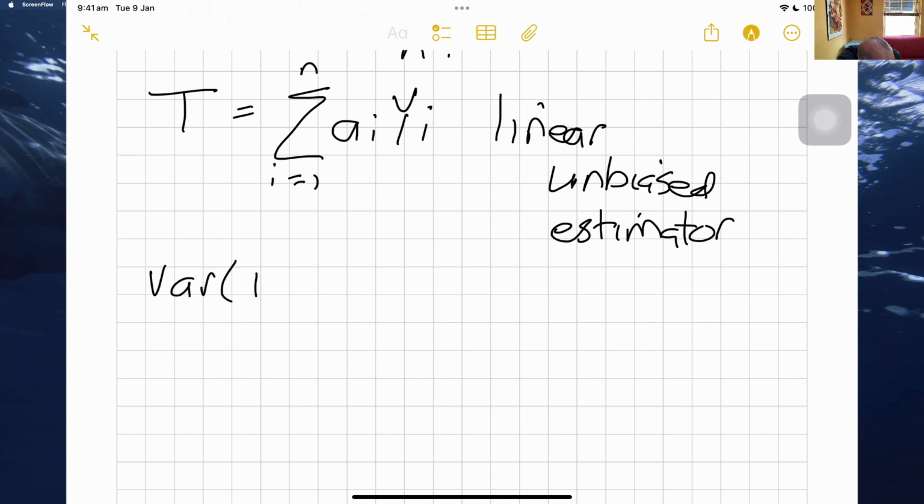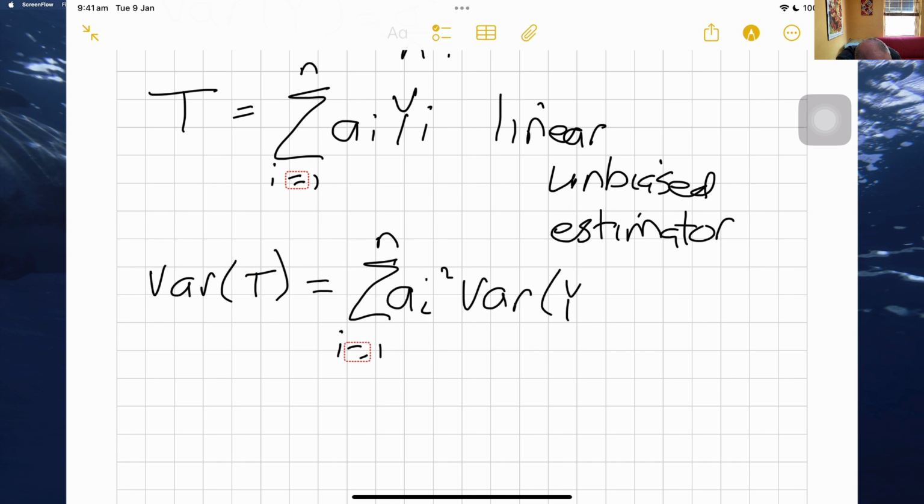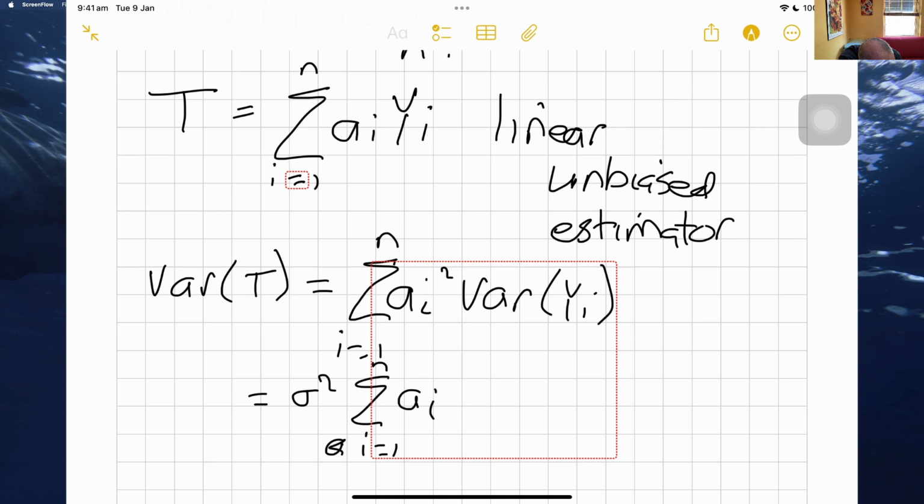What's the variance of t? Because these are all independent, we can write this as the sum as i goes from 1 to n of ai squared times the variance of yi. And we know the variance of y equals sigma squared. So this is going to be sigma squared times the summation as i goes from 1 to n of ai squared.